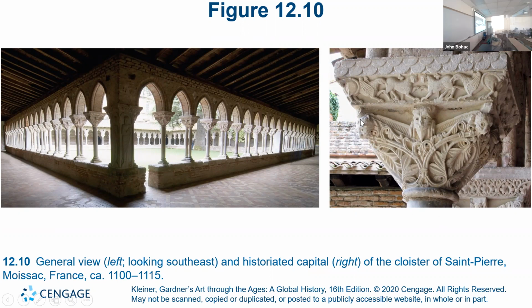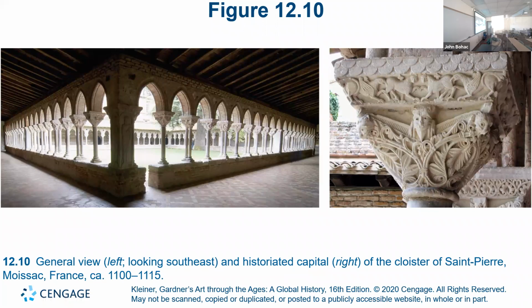And oftentimes they have something to do with telling a story, a history, if you will. And so here it is, we're in the 12th century, the cloister of St. Pierre, Moissac, France.